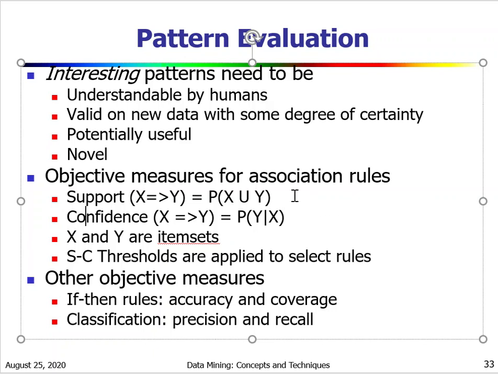So precision and recall measures are not really applicable in association rules because we don't have a gold standard. We're talking about how strong the associations are. So we have different sets of objective measures for association rules. And for clustering, as I mentioned earlier, there will be different sets of objective measures to measure the goodness of clusters.